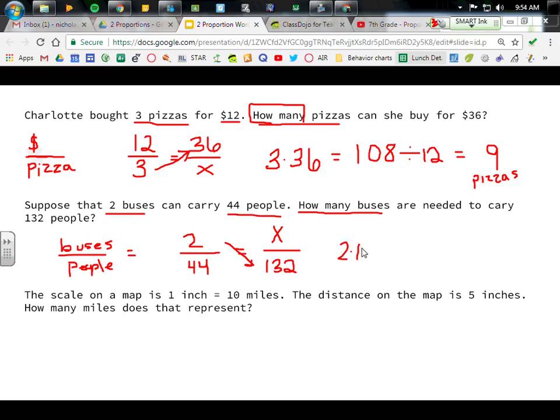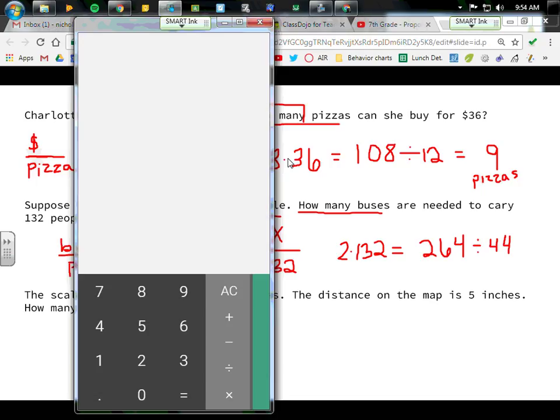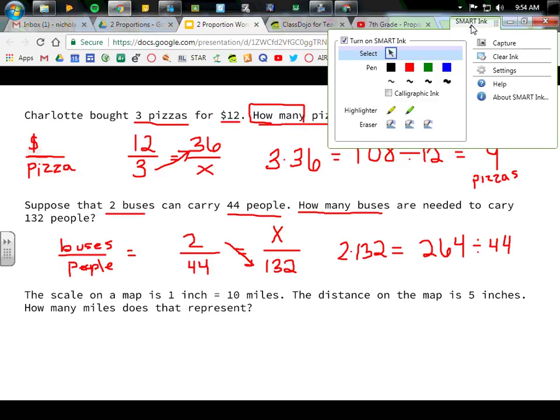So 2 times 132 will give me 264. And I'm going to divide that by 44. And don't mind me, I'm just going to use my trusty calculator. 264 divided by 44. 6. We're going to need 6 buses here.